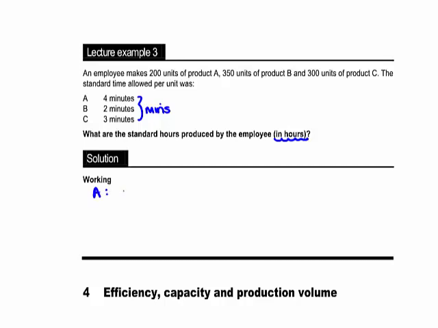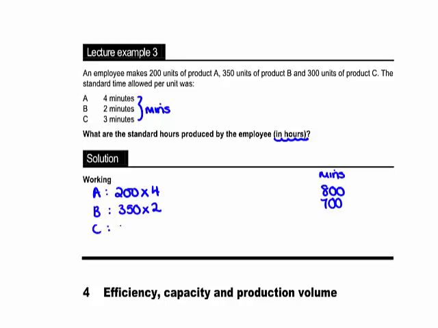So for A then, we're doing 200 units and each one takes 4 minutes. So we're looking at 800 minutes. For B then, we're making 350 of them and each one takes 2 minutes. So that's another 700 minutes.